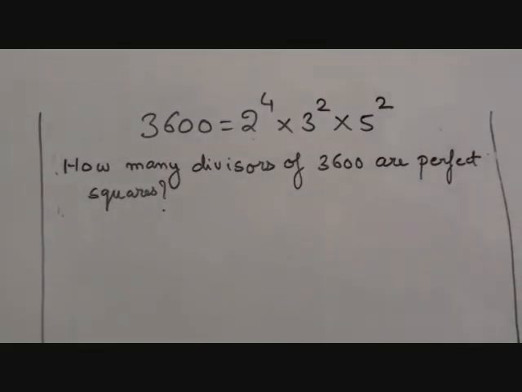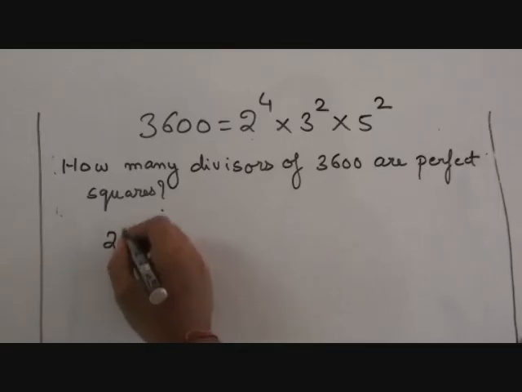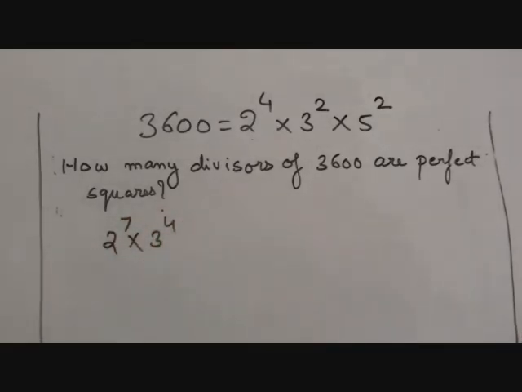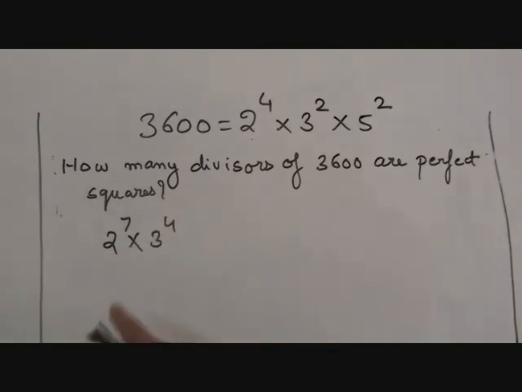Let's see one more question related to divisors. How many divisors of 3600 are perfect squares? So, how do we solve this question? Let's see one more thing first. Do you think 2 raised to 7 into 3 raised to 4 is a perfect square? No, it will not be a perfect square, because the power of 2 is odd.